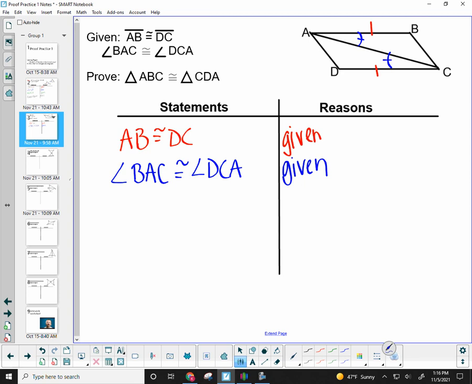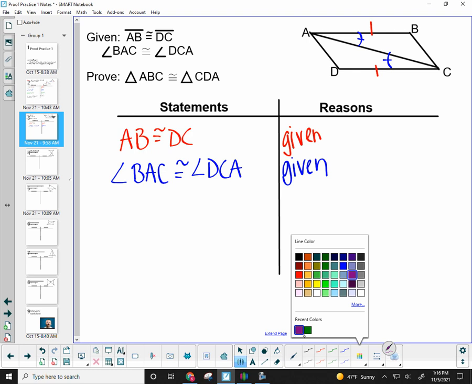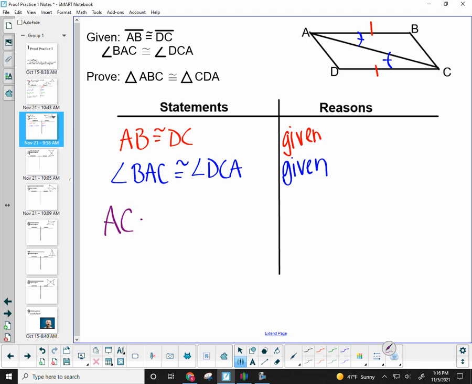Right. So do we have three congruency signs? We only have two, right? So we're going to need to find something else. Good. We know that AC has to be congruent to AC. They share that segment, right? So this is the reflexive property, which I talked about a little bit yesterday.